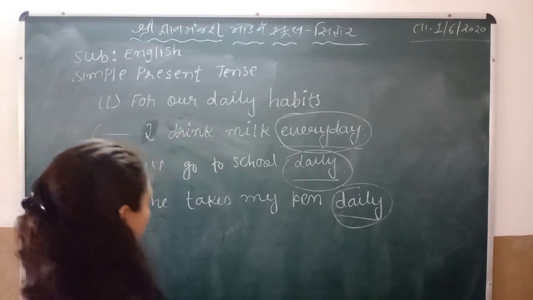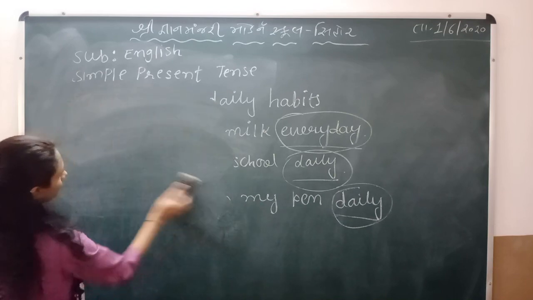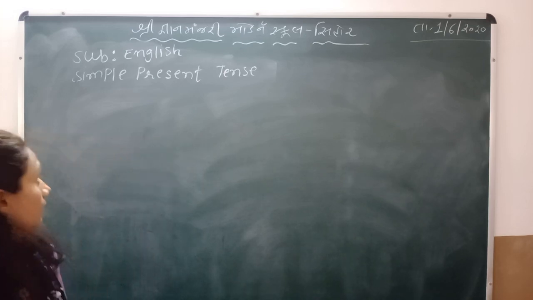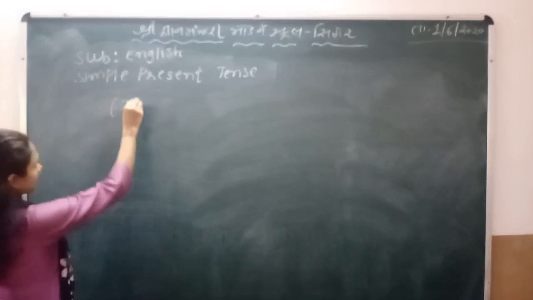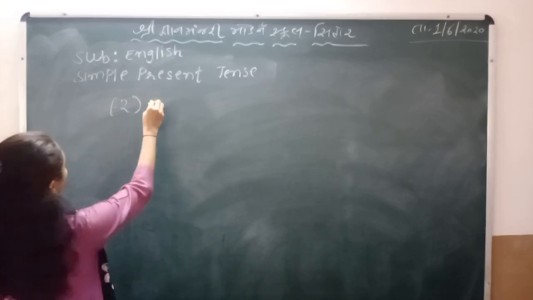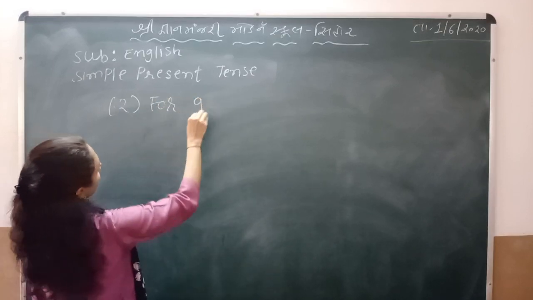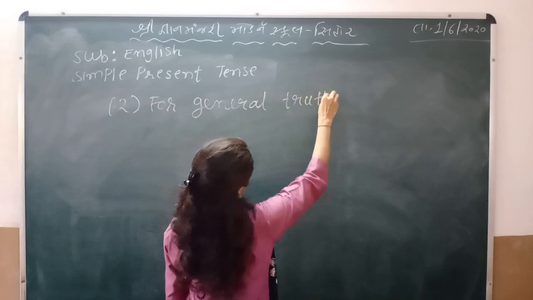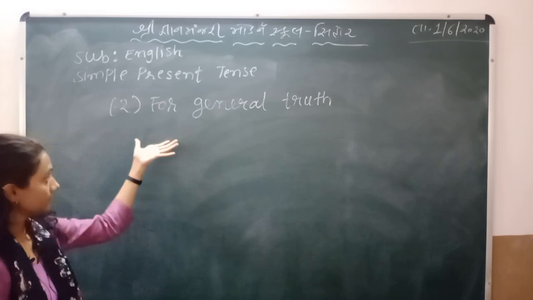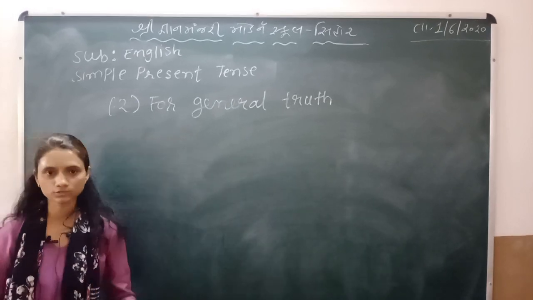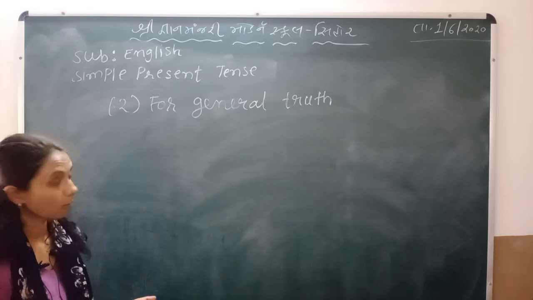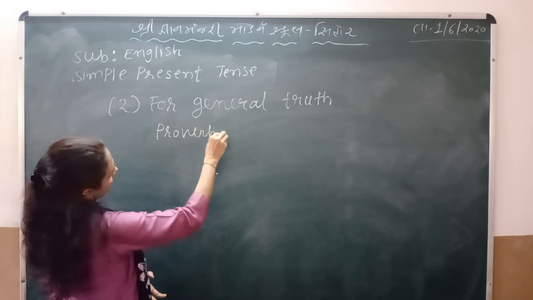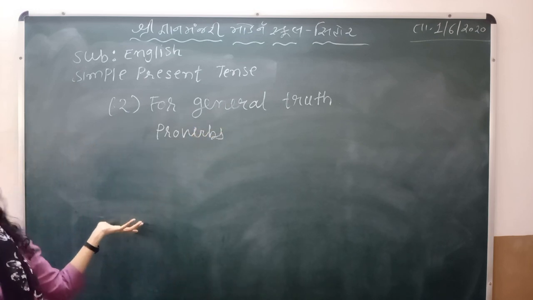Okay, now the second use. The second use of simple present tense is that it is used for general truth. The general truth which we use in day to day life, or in proverbs, we can use simple present tense.